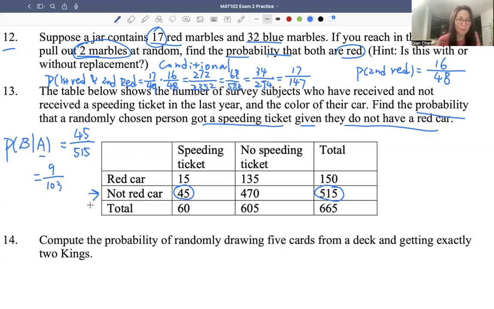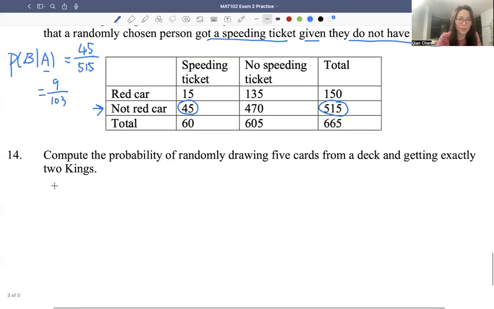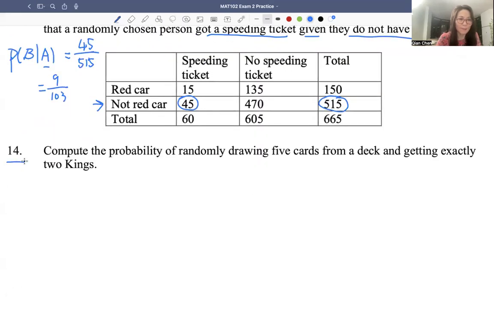So I'm right. 103 is not divisible by 3, so we're done. So the probability of a person receiving a speeding ticket given he does not have a red car is 9 out of 103.